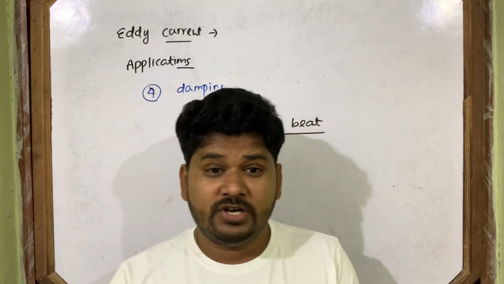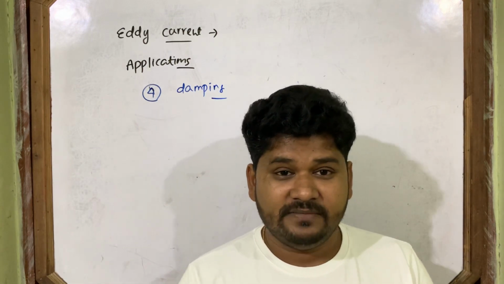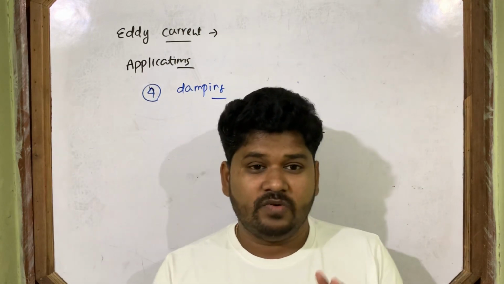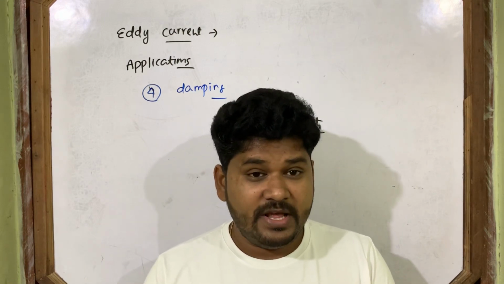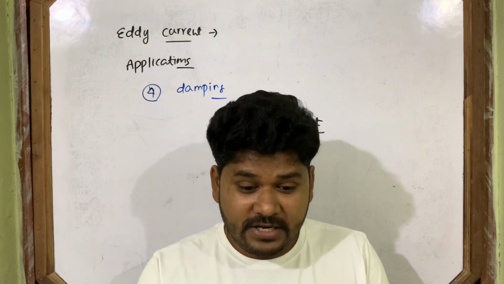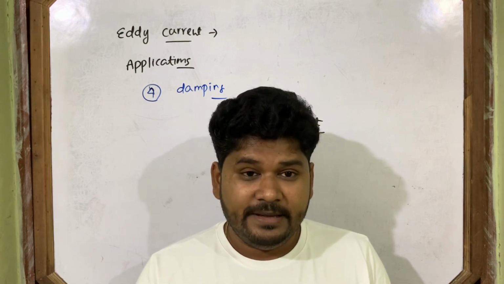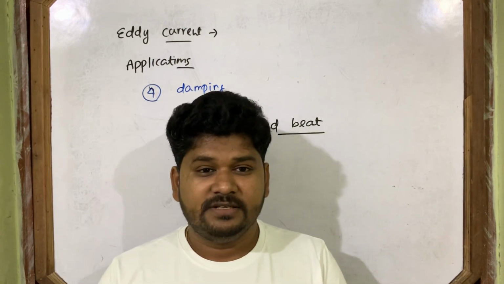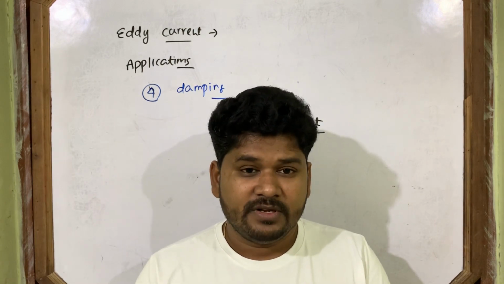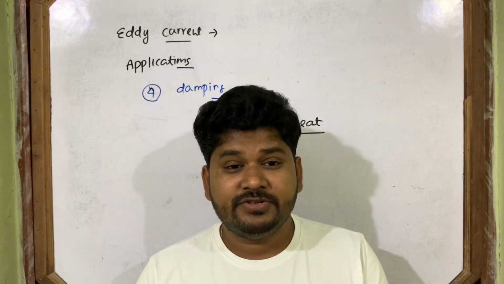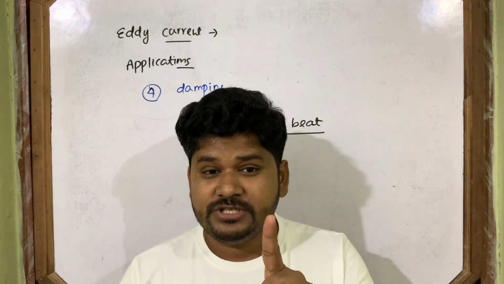The soft iron core is not connected to any electric supply. It is just kept in the core. But when the coil rotates between the two pole pieces, eddy current is induced in the soft iron, which opposes the rotation.